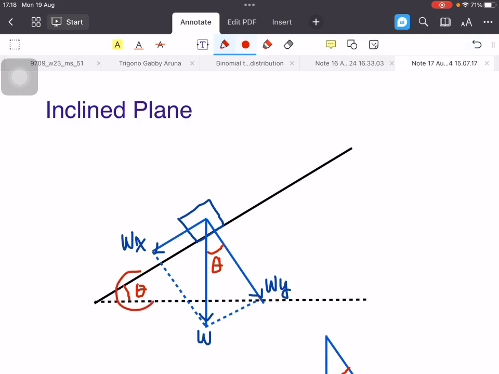So this angle is theta, this angle is also theta, because this angle here is 90 minus theta. We can split the weight, which is vertically downward, into x direction parallel to the plane and y direction perpendicular to the plane.